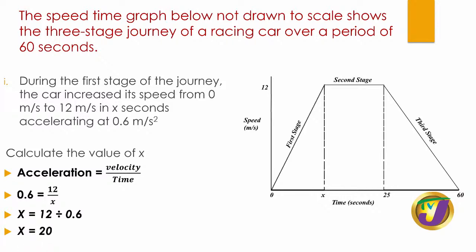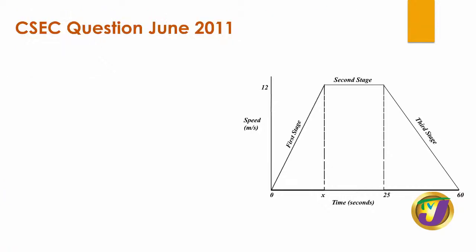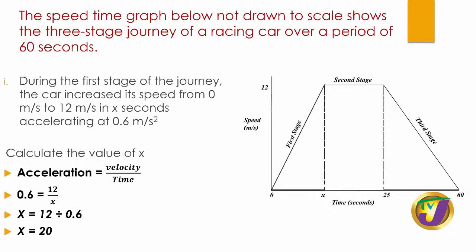So 12 is divided by 0.6, which makes X equal to 20. So that would be 20 seconds. The first stage of the journey would be 20 seconds.